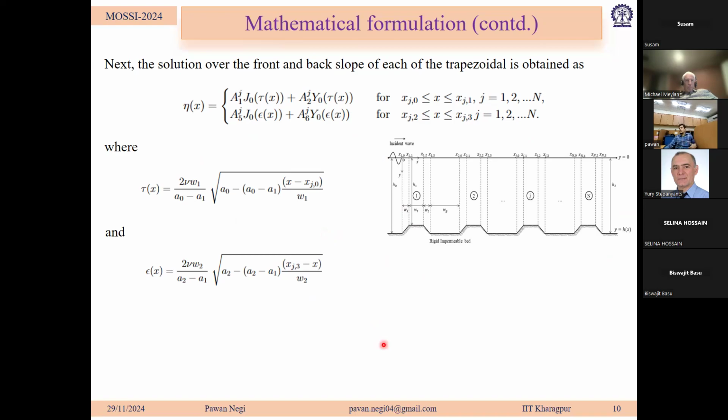Then, using some algebraic manipulations and mapping, we can get the solution on the front and the back slope in the form of Bessel functions of zeroth order of the first and second kind. Basically, the equation will transform into a Bessel equation of zeroth order, and in each slope region we can write the solution this way. Here we have got tau(x) in this way, and epsilon(x) is a function of this way.